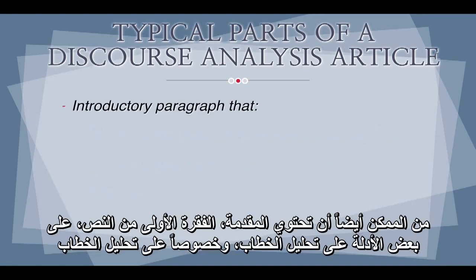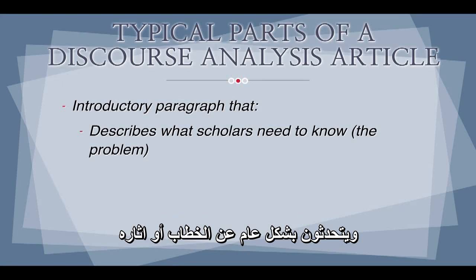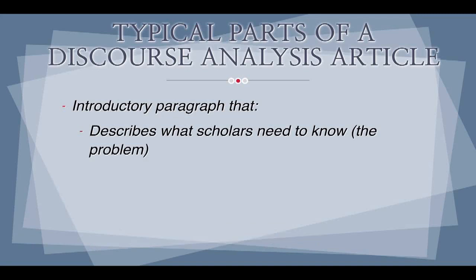You might also want to have in your introductory paragraph, the very first paragraph of the paper, a lot of things that would signal that it's a discourse analysis and be specific to discourse analysis, including describing what scholars in the field need to know. What's the problem? Generally speaking, that's going to index something about discourse or the implications of discourse right up front.